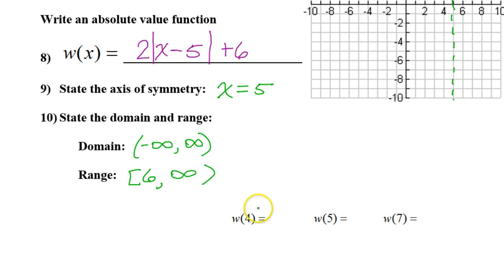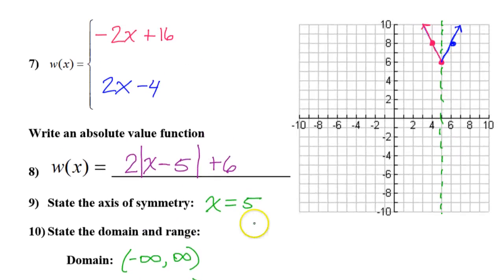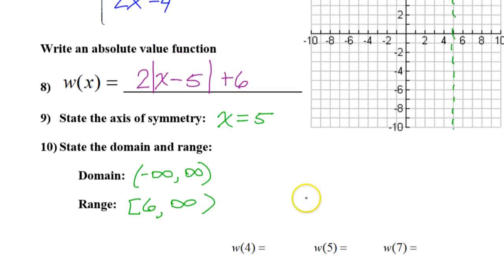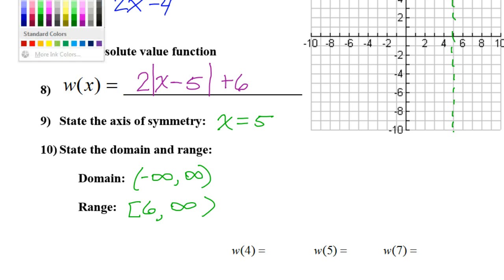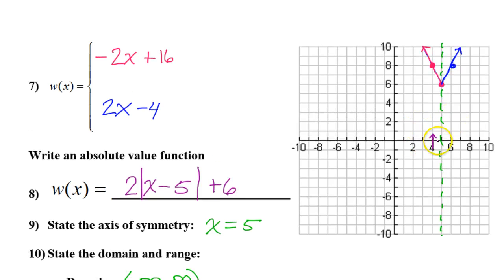Now, last but not least, let us evaluate W at 4. Since the graph is the thing that they gave us, I want to use the graph, if possible, to evaluate. So W of 4. Remember, this is an x value. So let's go to 4 on the x-axis. Here's 4. Now I'm looking up in the air, and I see that at this x value, the function is here, at this y value.